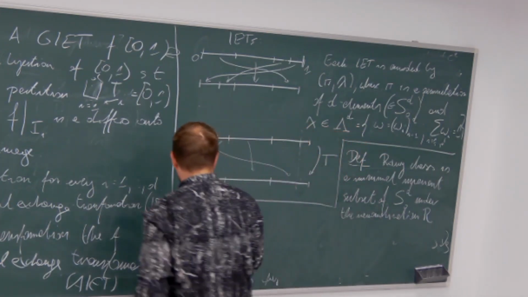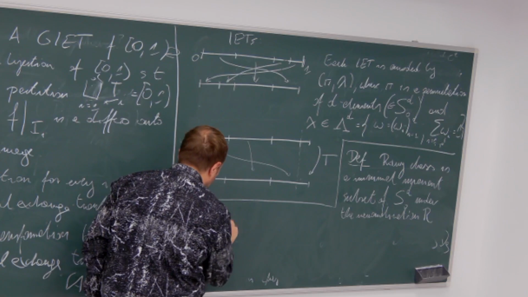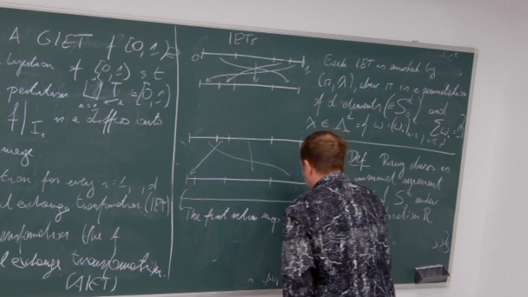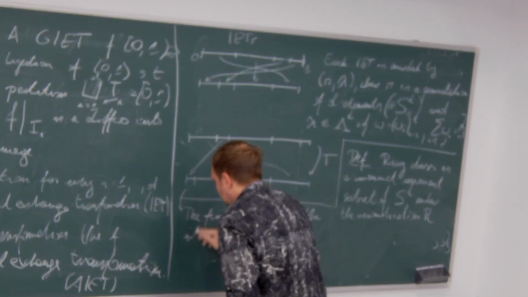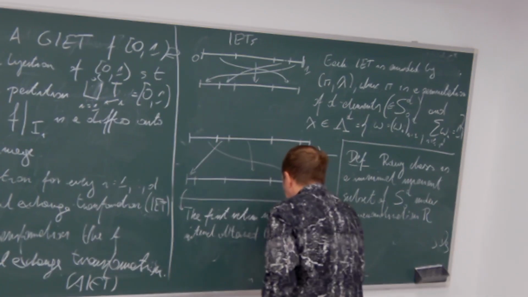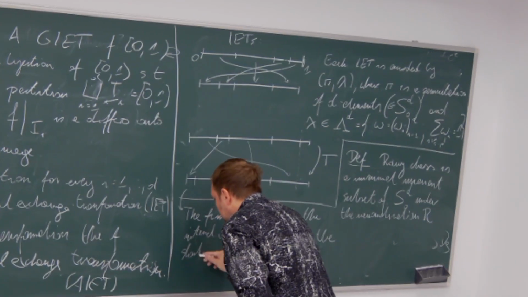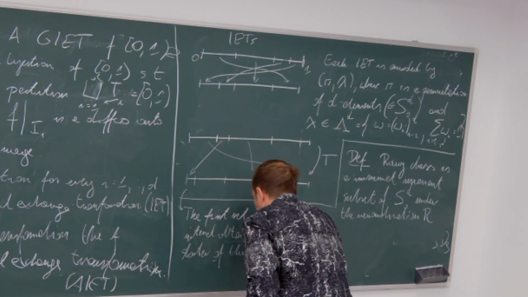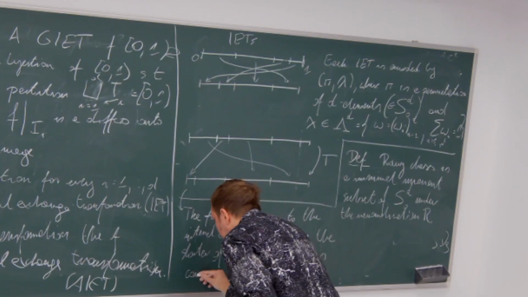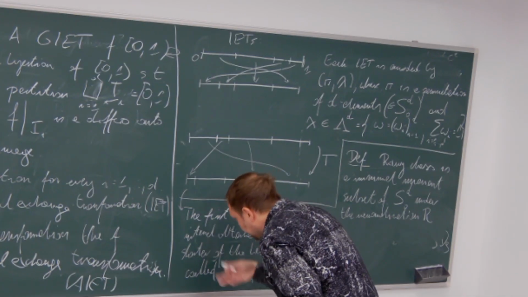So maybe here I will write the first return map to the interval obtained by cutting the shorter of the last intervals is called, okay, it's not the first.